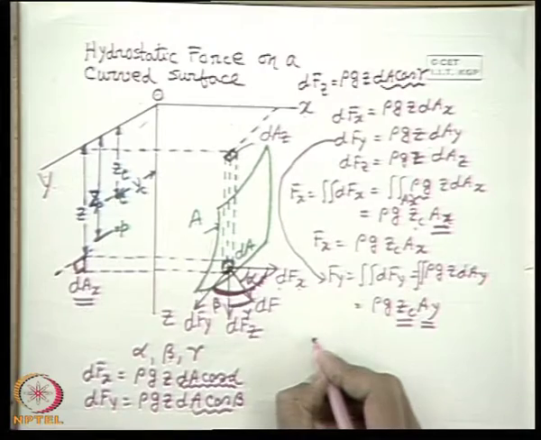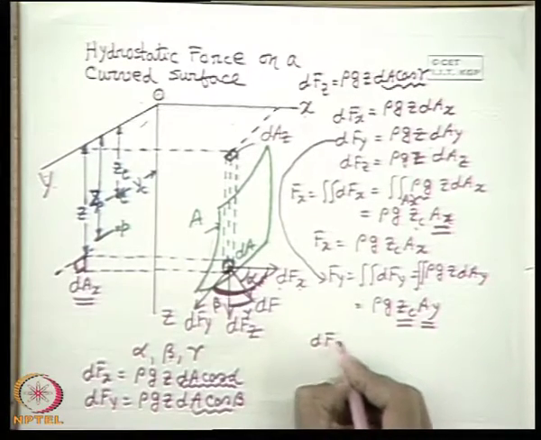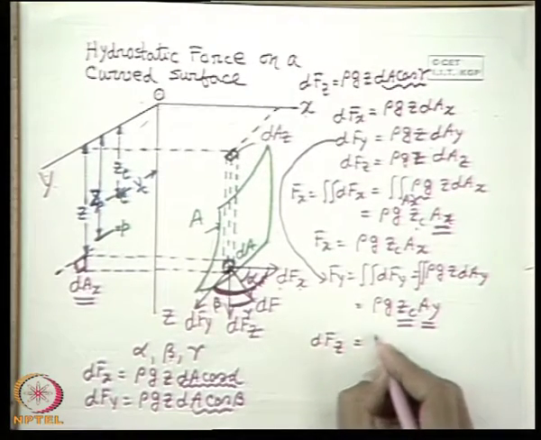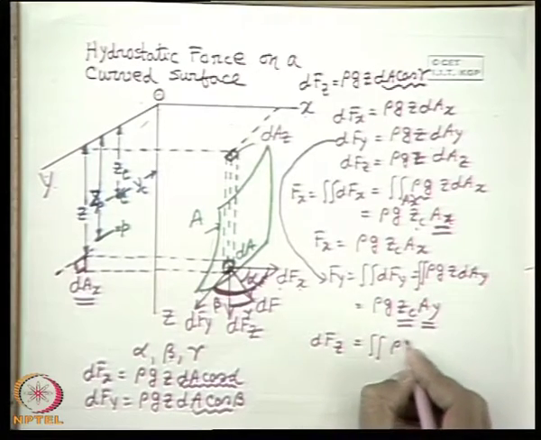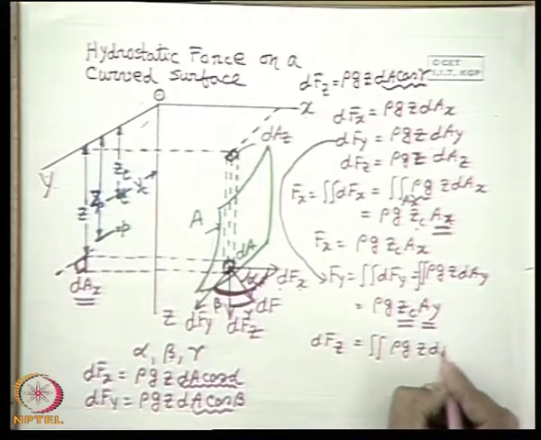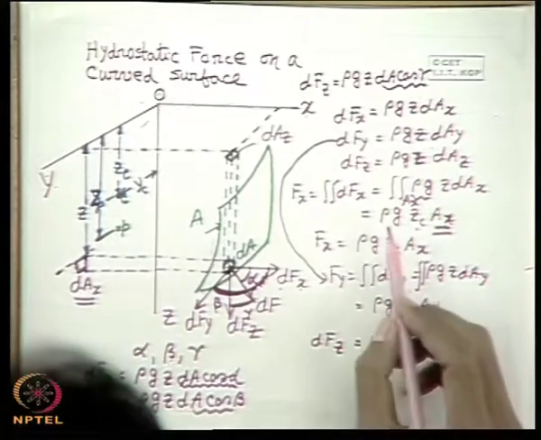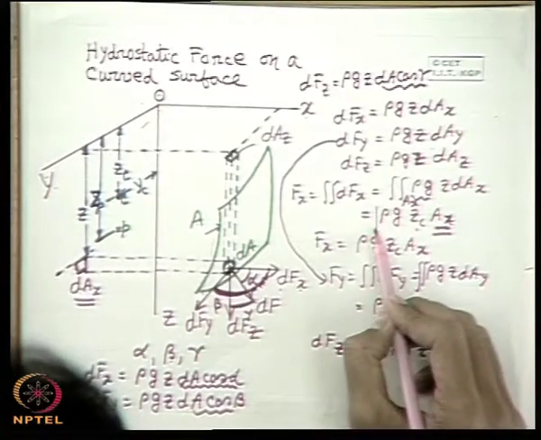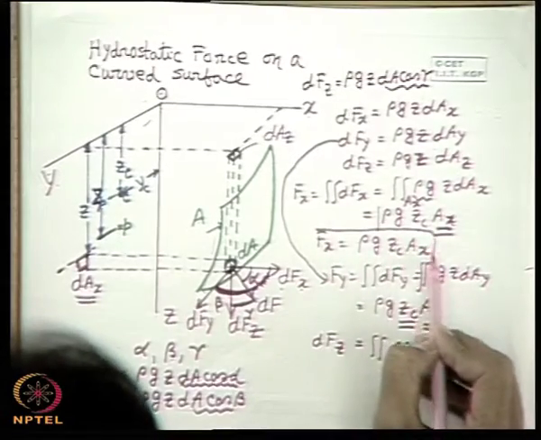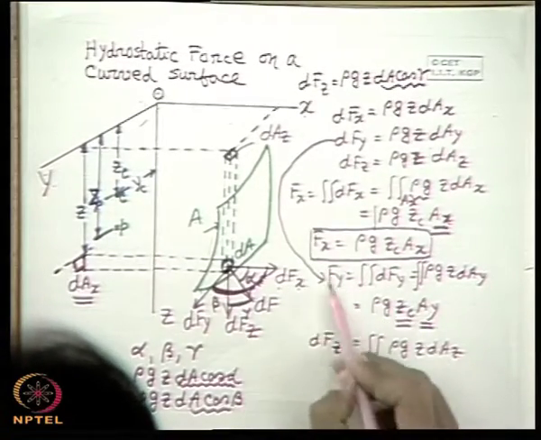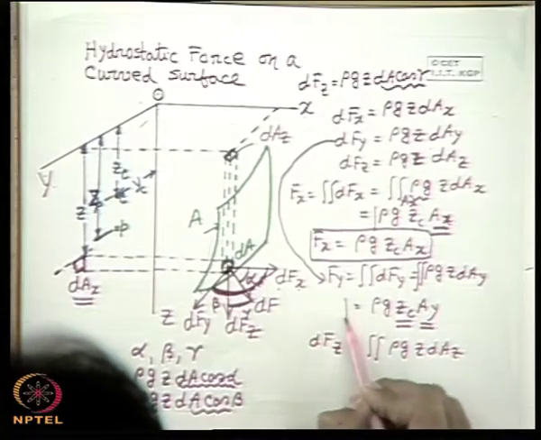And similarly, we can write Fz as the integration of rho g z dAz. Now here we stop, we cannot write anything more here. Now two very interesting results come out from this expression for Fx and this expression for Fy.